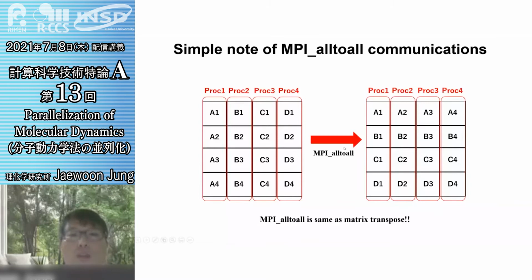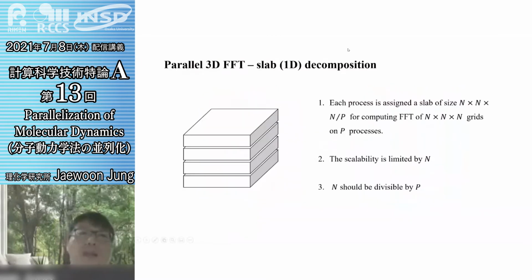If we perform MPI all-to-all communication, then processor 1 has the data of A1, B1, C1, D1, and processor 2 has the data of A2, B2, C2, D2, and so on. So MPI all-to-all is the same as matrix transpose. And in FFT, we only make use of this communication command.